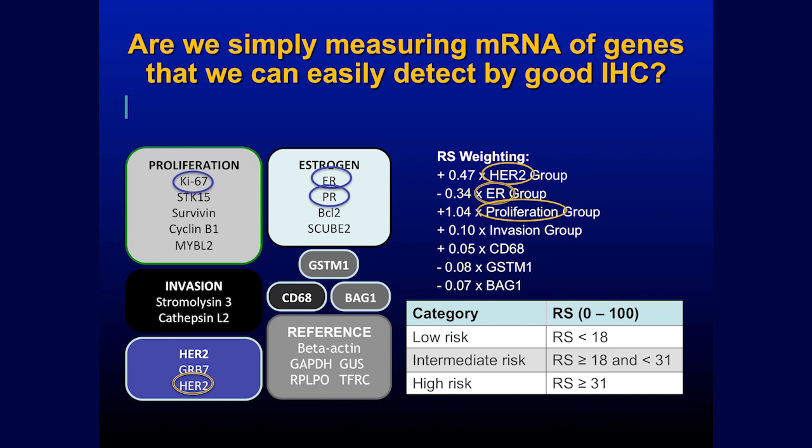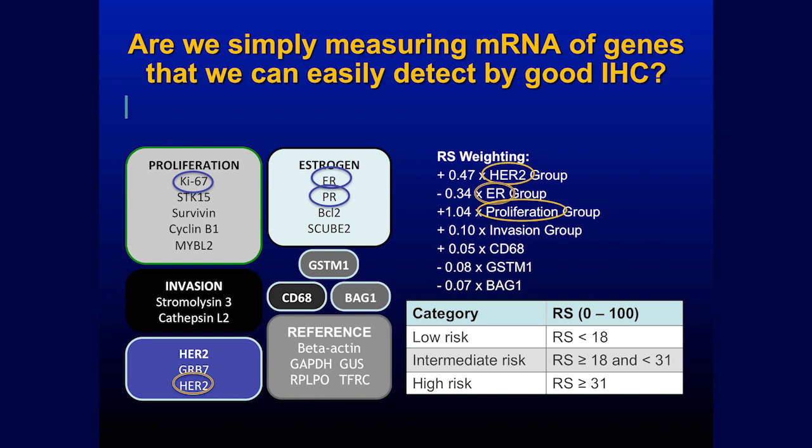But the problem with the 21 gene assay, the Oncotype DX assay, is that out of the 16 genes that we measure, the most weightage is on the HER2 protein, the ER protein, and the proliferation group. Now these are easily measured on pathology. So if a good pathologist estimates it, is he able to replicate a genomic tool?